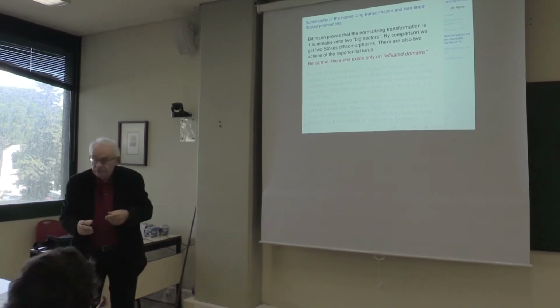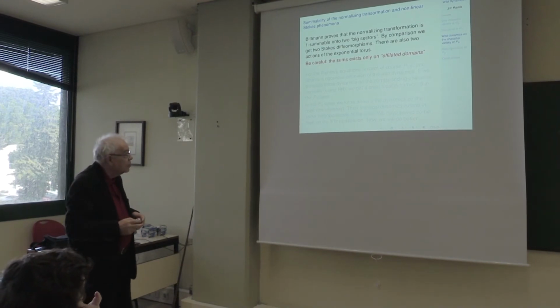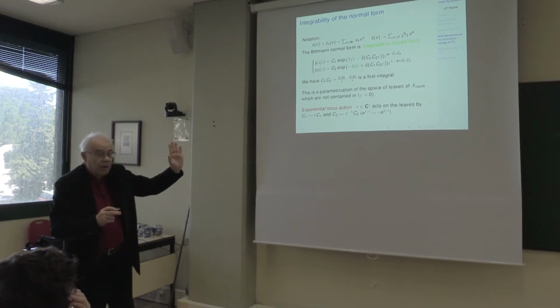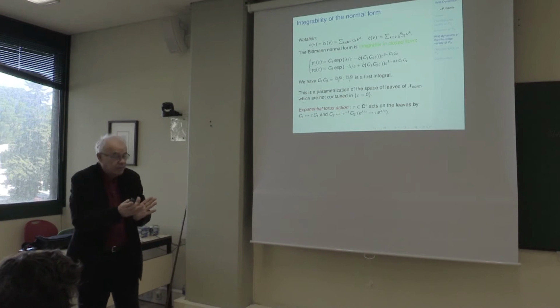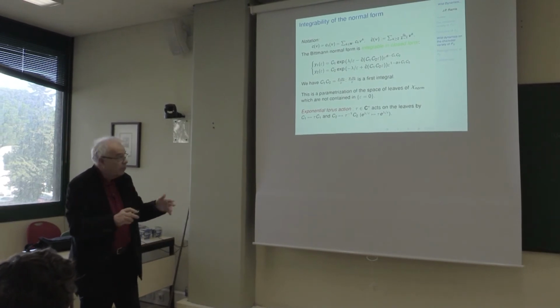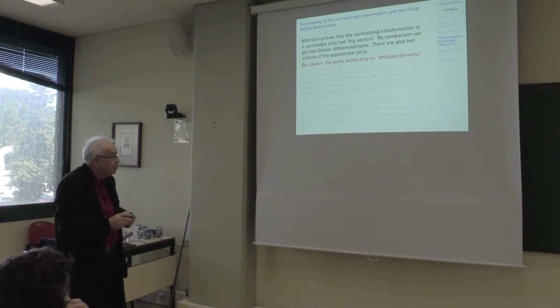Okay, and now Bittman proves that the normalizing transformation, you have fiber transformation, and these normalizing transformations are in sectors, and the coefficients are formal power series. And what Bittman proves is that everything is uniformly one-summable.